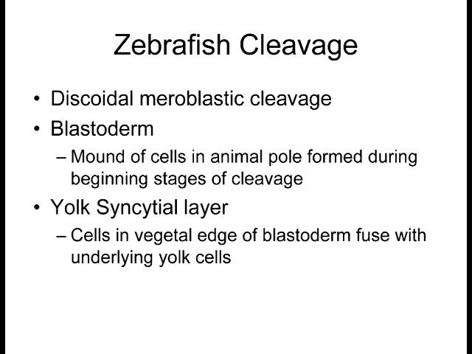So here, this is the blastodisc. It undergoes discoidal meroblastic cleavage. In fact, in these first stages of cleavage, the underlying cytoplasm here is still in contact with the yolk. There are key factors that will come from gene transcription in the nuclei that are in this yolk syncytial layer.